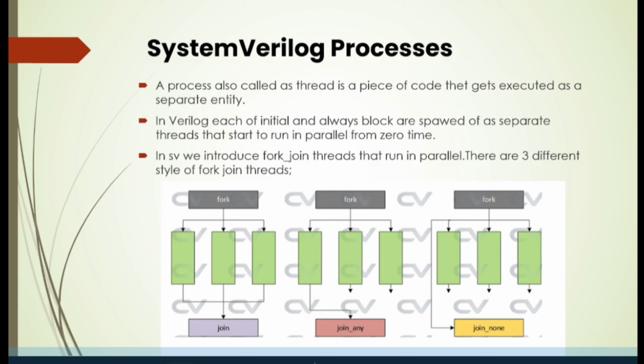There are three kinds of processes basically, which are fork join, fork join any, and fork join none. Each is different from the others. We'll see about this once we get deep into the topic. In SystemVerilog processes we are going to learn these three topics.